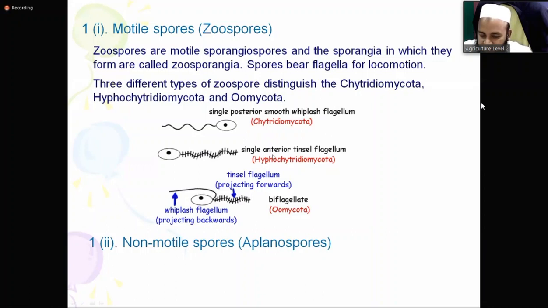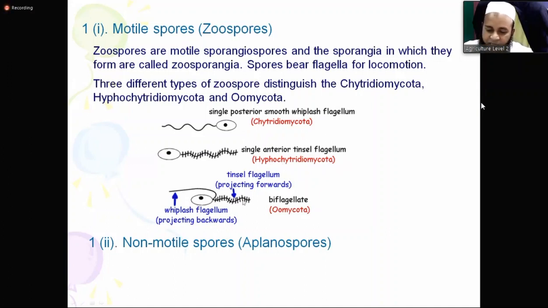Single anterior tinsel. Whiplash means smooth. Tinsel means not smooth, rough flagellum. So this is a whiplash flagellum, and this is a tinsel flagellum. This is the example of Hyphochytridiomycota.